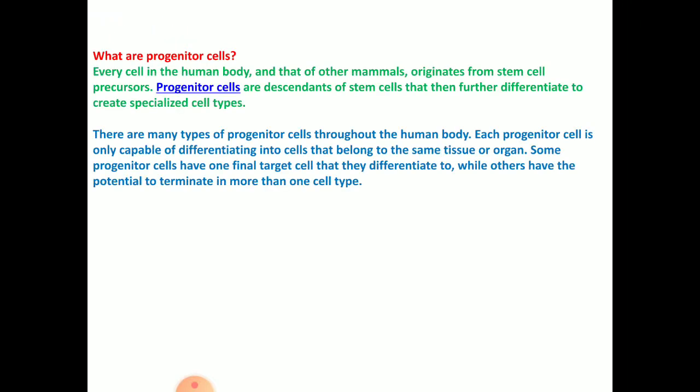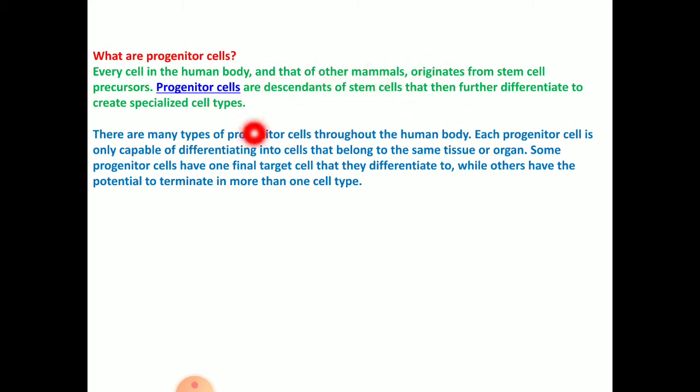So first, what are progenitor cells? Every cell in the human body and that of other mammals originates from stem cell precursors. We need to remember that this applies to the human body and other mammals, like other vertebrates also.